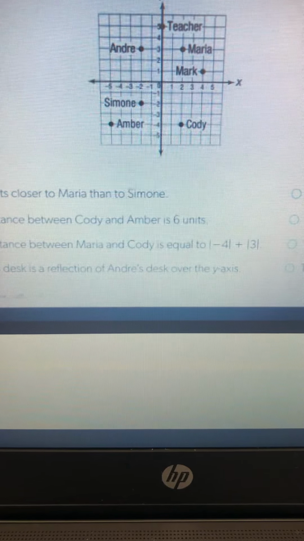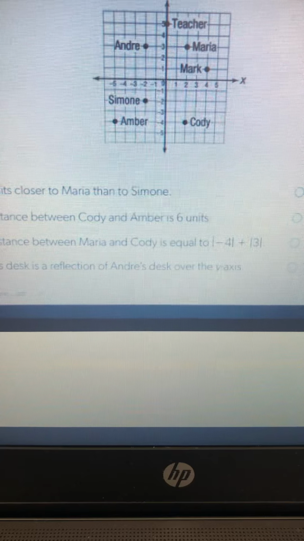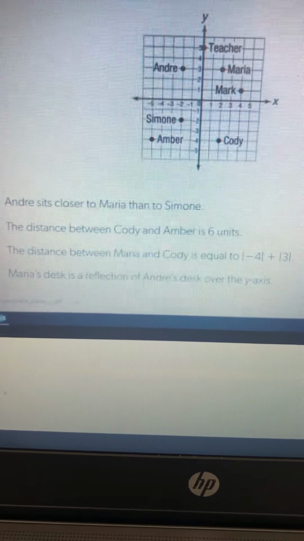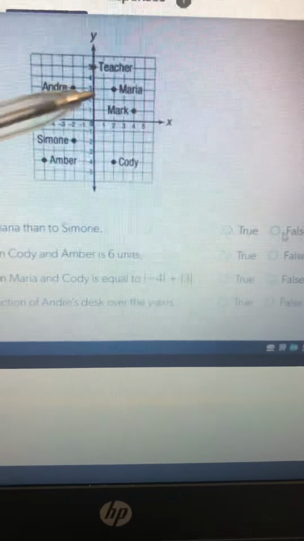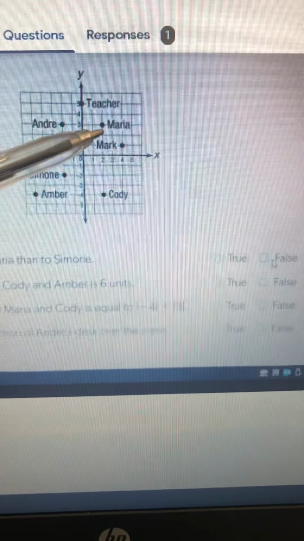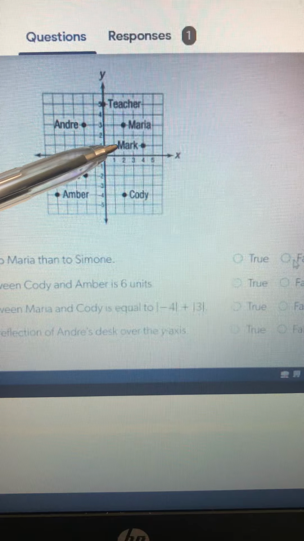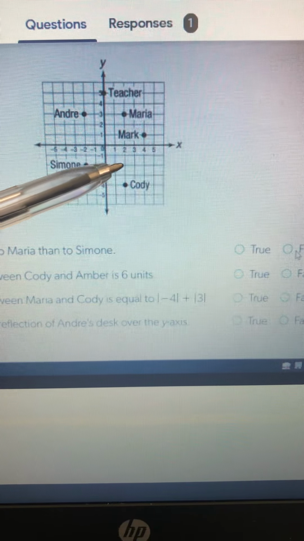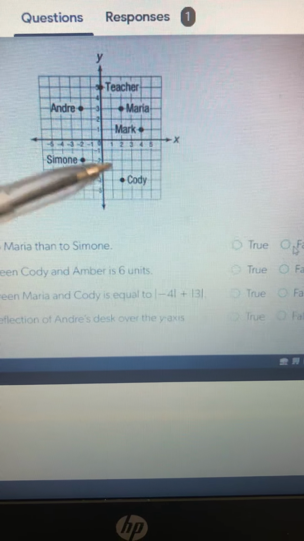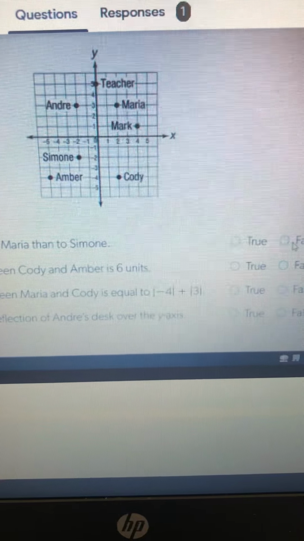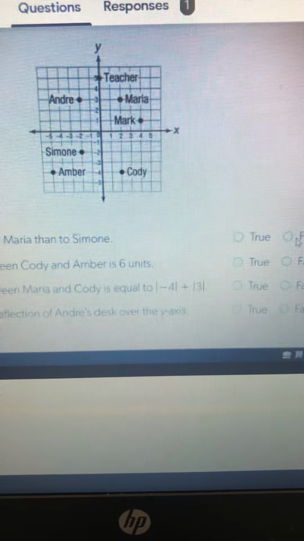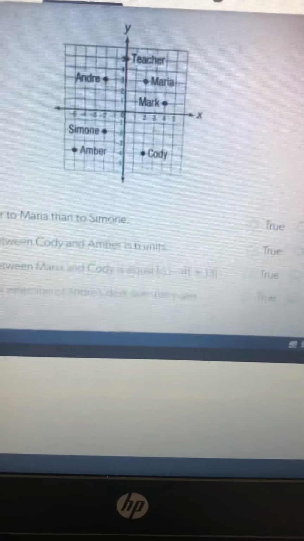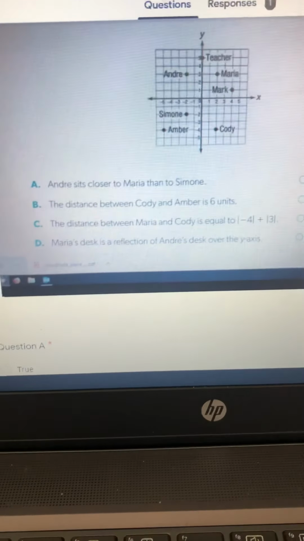So that's going to be the equivalent of 4 plus 3 is 7. So the distance between Maria and Cody is equal to 7. So let's see. Maria and Cody. Let's count it. 1, 2, 3, 4, 5, 6, 7. So that is true. The distance between Maria and Cody is equal to the absolute value of -4 plus 3, and that is correct because it is 7 units.